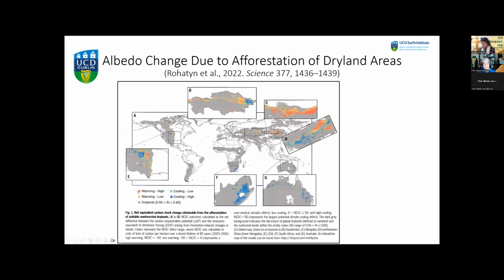So the dark red is a significant warming, and the orange color is a warming effect. So in many of these dryland areas, if we planted trees, the model projections indicate that we would in large part get a warming rather than a cooling that we might expect based on an enhanced carbon sequestration.